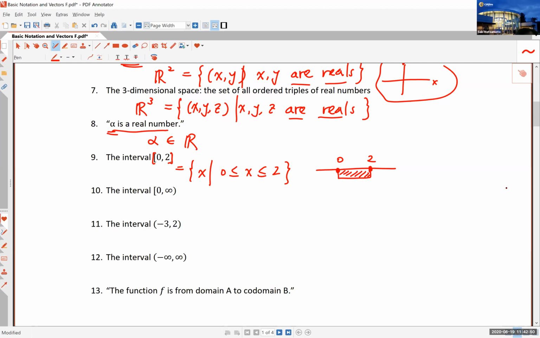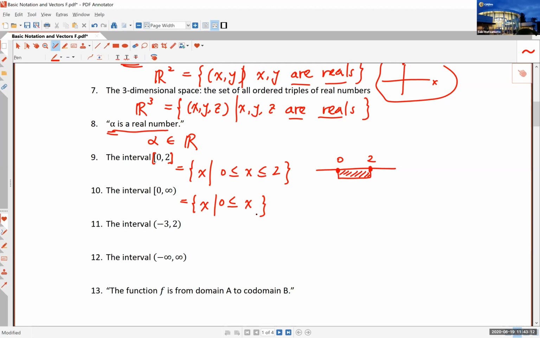The interval, 0 to infinity. Again, this is the set of all x between 0 and infinity. Well, you don't have to write infinity. All you have to do is just that. When you do this, my computer is actually lagging in time.